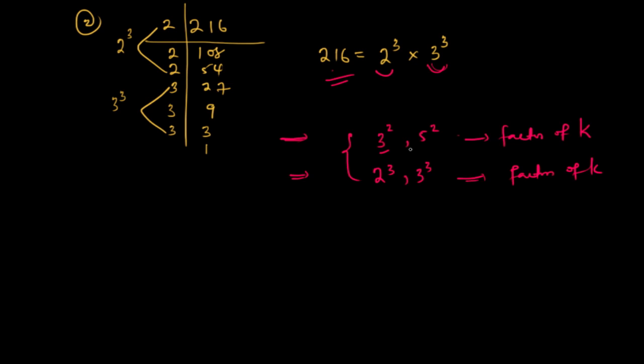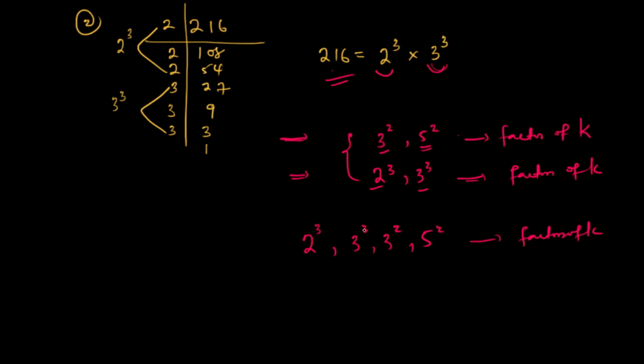Since 3 squared and 5 squared are factors of k, and this and this are factors of k, that means all 4 of them are factors of k. So it's like saying 2 cube, 3 cube, 3 squared, 5 squared are all factors of k.